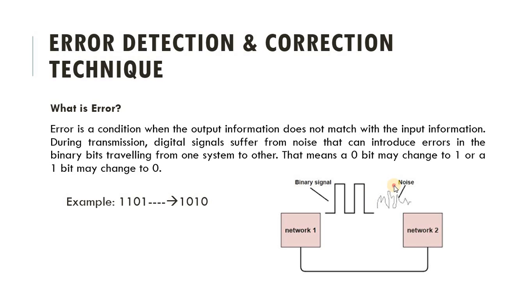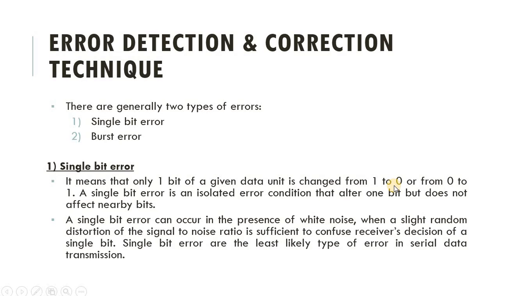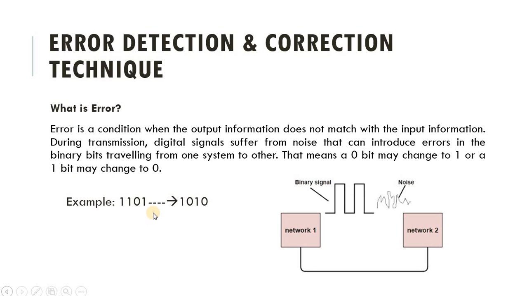Now there are two types of error: single bit error and burst error. In a single bit error, only one bit of the given data unit is changed from 1 to 0 or 0 to 1. A single bit error is an isolated error condition that alters one bit but does not affect the nearby bits. Here, suppose 1101 is the data, and in a single bit error only one bit may change.